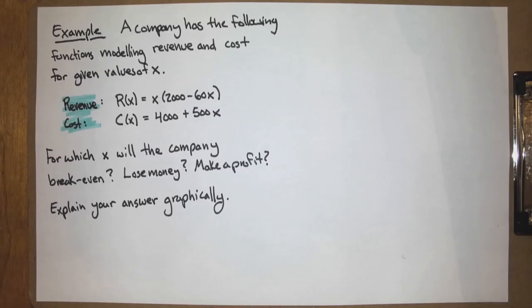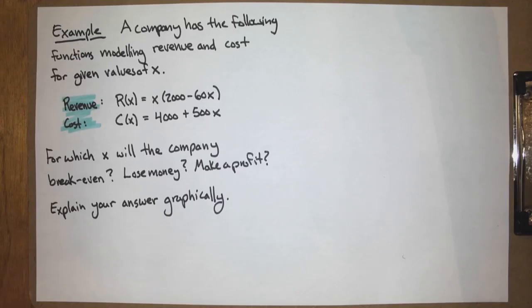Put on your beginning econ hat. What do you do? How would I figure out how much money I made if I know my revenue and if I know my cost? Set them equal to each other and find out.